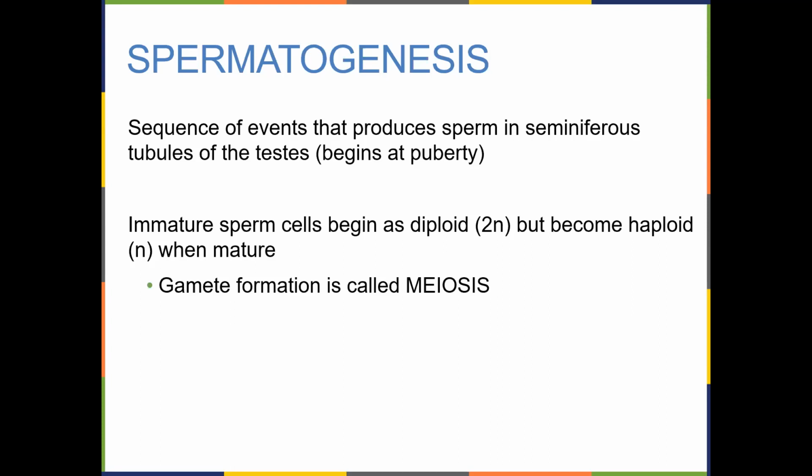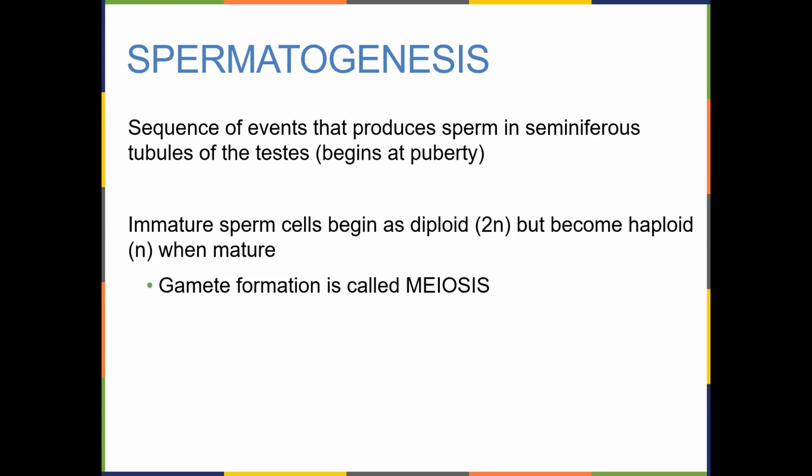Sperm cells, when they're produced, half of them will carry an X chromosome, half of them will carry a Y chromosome. If a Y chromosome sperm cell fertilizes an egg, it will be male. If an X chromosome sperm cell fertilizes an egg, it will be female. So the sex of the baby is determined by what type of sperm cell fertilizes it.